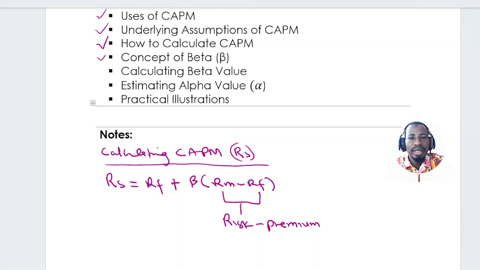Zero beta indicates that there is no relationship between the return of the security and that of the market. There is no correlation. So those are the three types of beta.